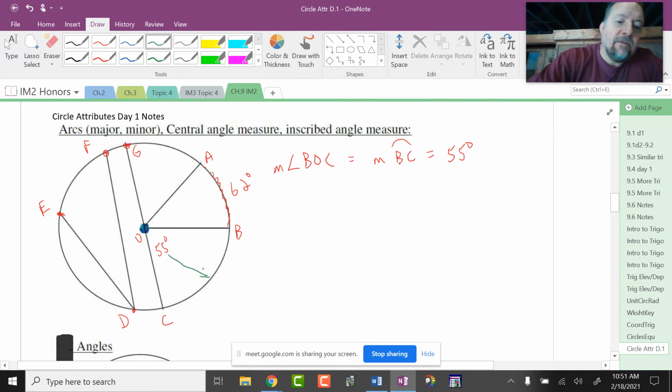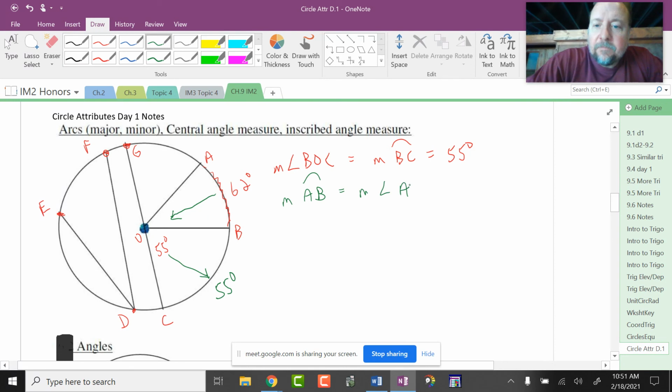This arc measure is said to be 55 degrees. Okay, and I think maybe you've known that before. All right, so if this is given as 62, then the measure of arc AB must therefore equal the measure of angle AOB. So that means AOB is also 62 degrees. And that's how you play around with these, some basic questions about that.